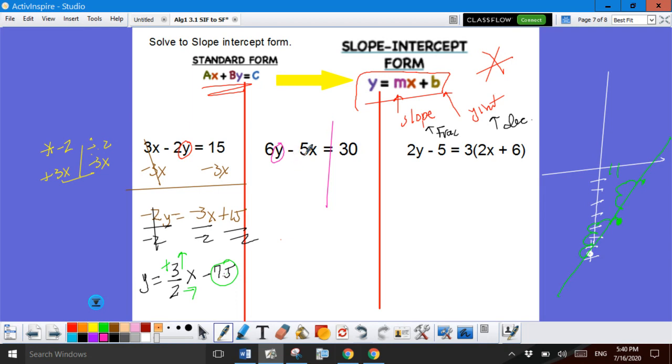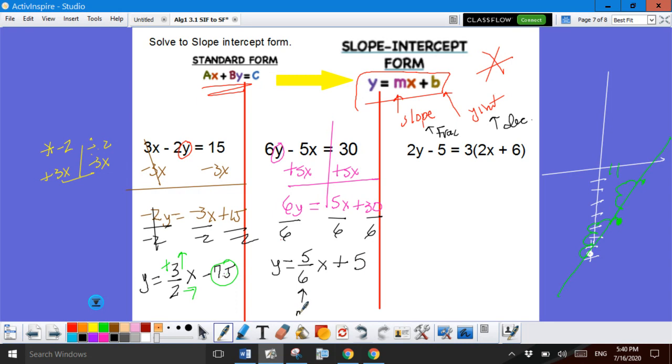This time it's subtracting 5x, so I'm adding 5x. So I have 6y equals 5x plus 30. Dividing by 6, y equals 5 over 6x plus 30 divided by 6 is 5. This is my slope, and that is my y-intercept.